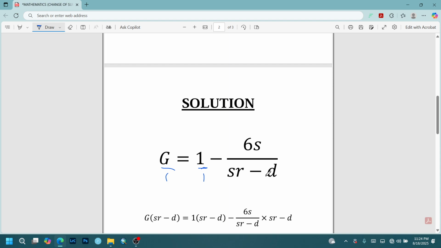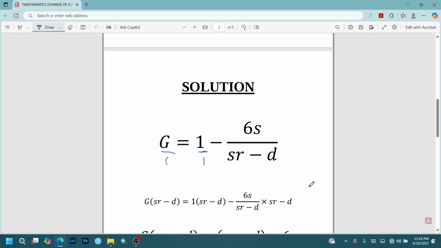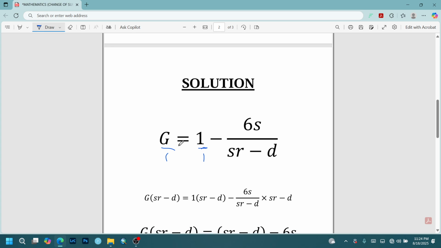So we multiply through each side of the equation. So J would multiply SR minus D, 1 would multiply SR minus D, and the fraction 6s over SR minus D would multiply SR minus D, right?